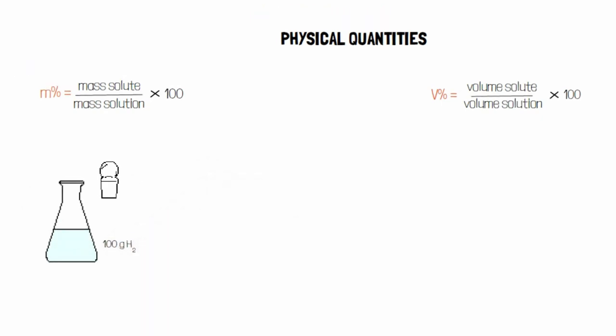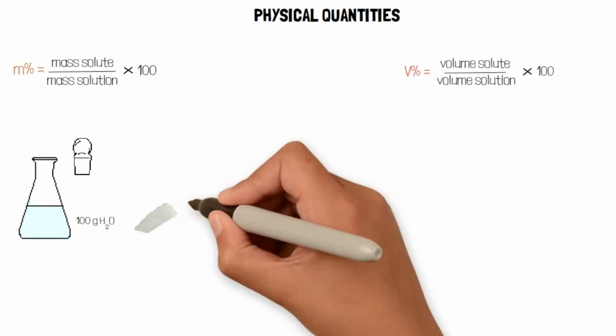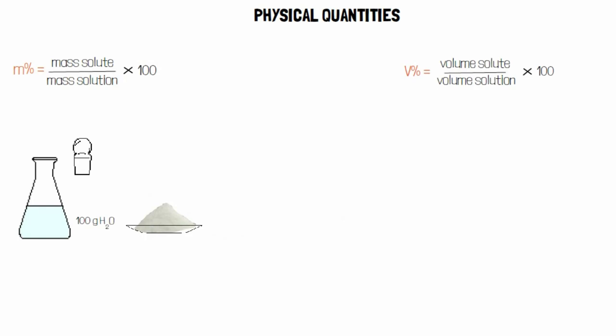Let's say we have 100 grams of water, and then we have sodium chloride, let's say 20 grams of NaCl. So let's say we have a solution which is made by 100 grams of water and 20 grams of NaCl. We prepare it, okay? We just took 100 grams of water and then poured inside 20 grams of kitchen salt.